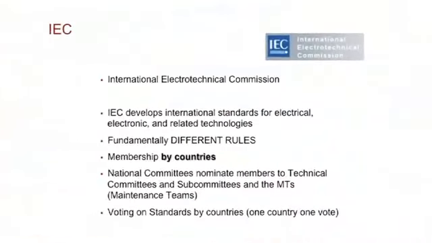But they have fundamentally different rules. And one of the main fundamental differences, which still is one of the impediments for synchronizing those two worlds, the ANSI world and the IEC world, those two halves of the globe, is that in IEC, you cannot be a member.